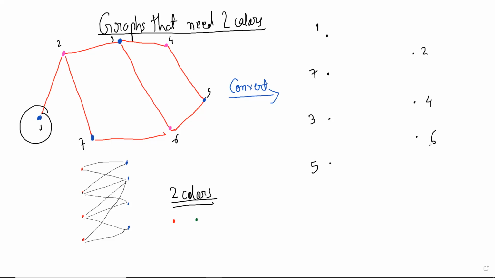Now, we have to keep the same graph. We have to keep the same relations, right? Like 1 and 2 are related in our original picture, so in my latter picture also, I must relate 1 and 2. I can't just change the graph. I can't just say that bridge did not exist. I have to keep the same situation and just redraw it in a way that is amenable to my analysis.